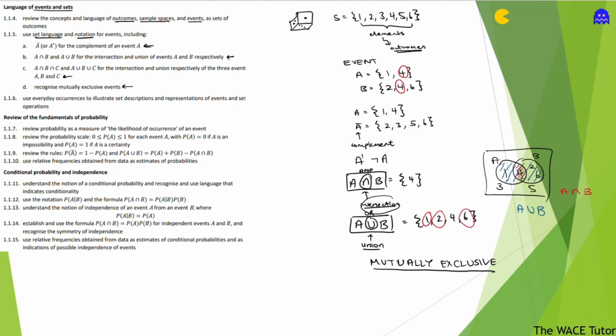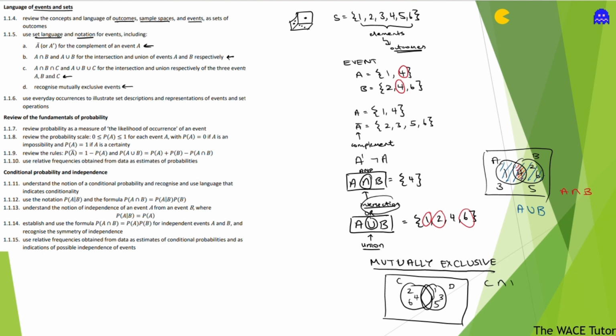So, if we were to represent this in Venn diagram form, let's say C is the event that we roll an even number, so we roll a 2, 4, or a 6, and D is the event we roll an odd number. We can see that C and D share no intersection. This is the characteristic of two mutually exclusive sets.